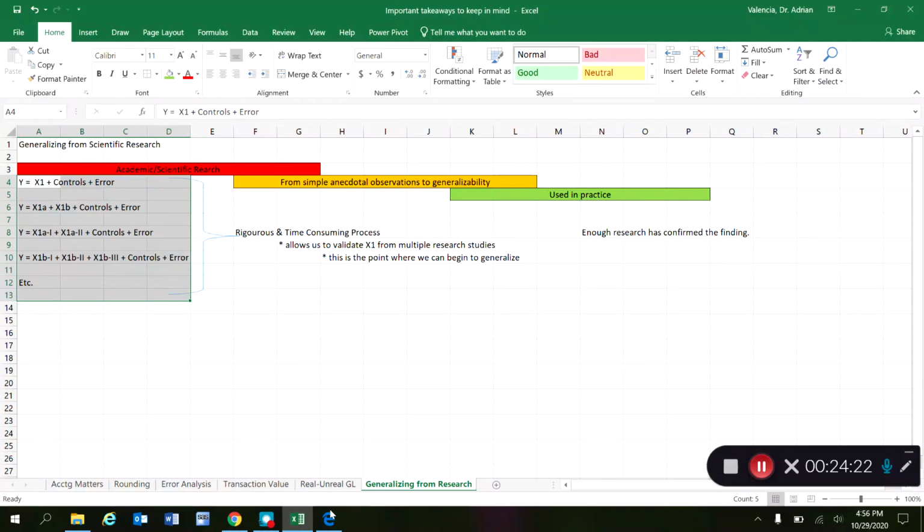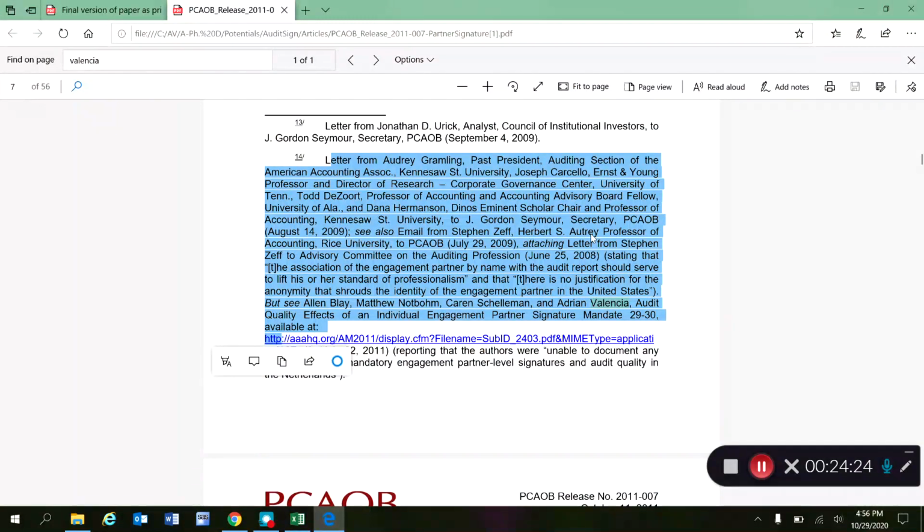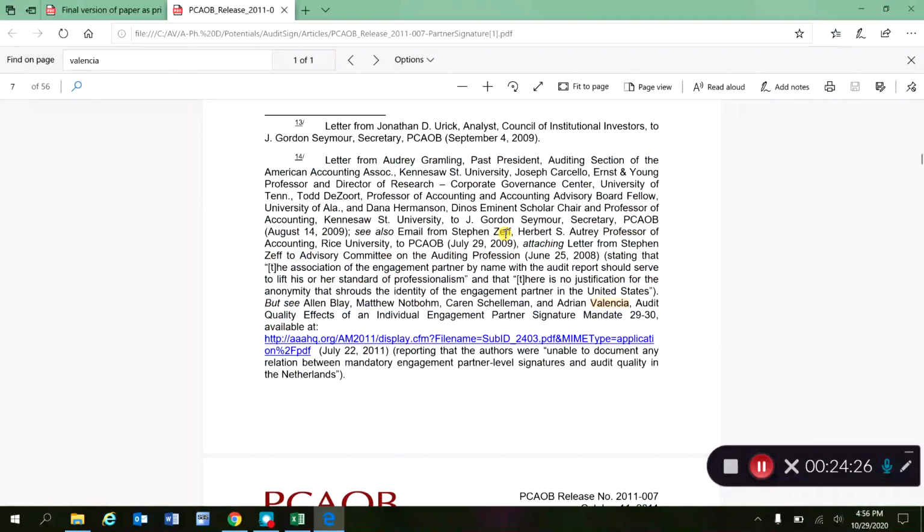In this PCAOB report, they're looking at all the academic studies like ours, and at anecdotal evidence from maybe a partner at Ernst & Young, etc. All these components are part of the subset of items they use to come up with their ruling.